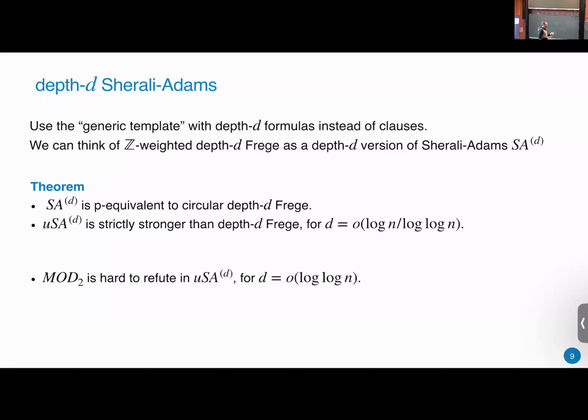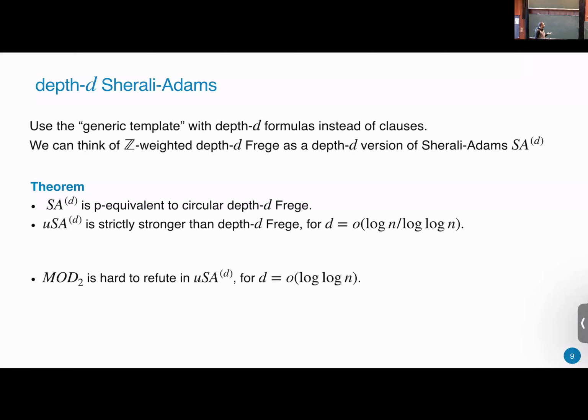So this is not a proof system that comes out of nothing. It's equivalent to circular depth Frege. And how strong is that? For instance, the unary version of this system, so the weights will be only 1 and -1, is strictly stronger than depth Frege for depth up to log n over log log n.